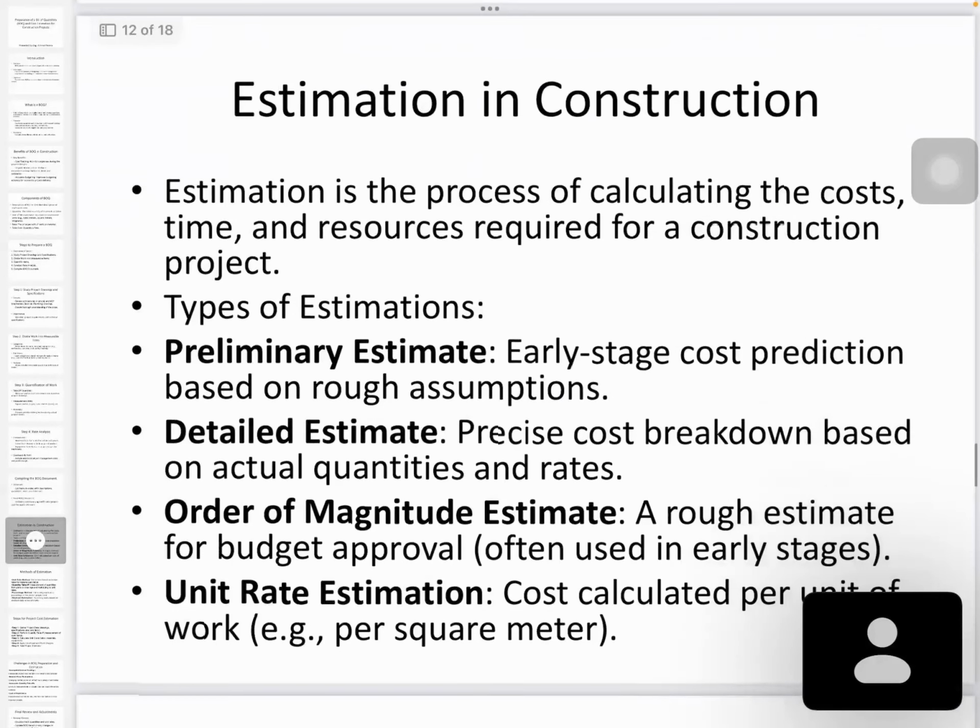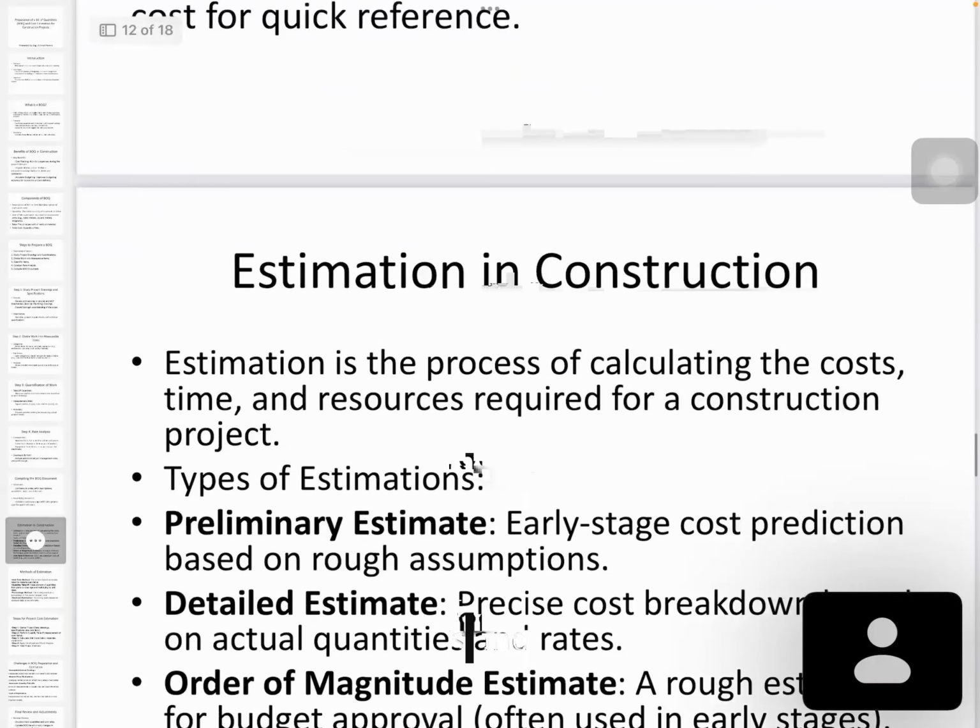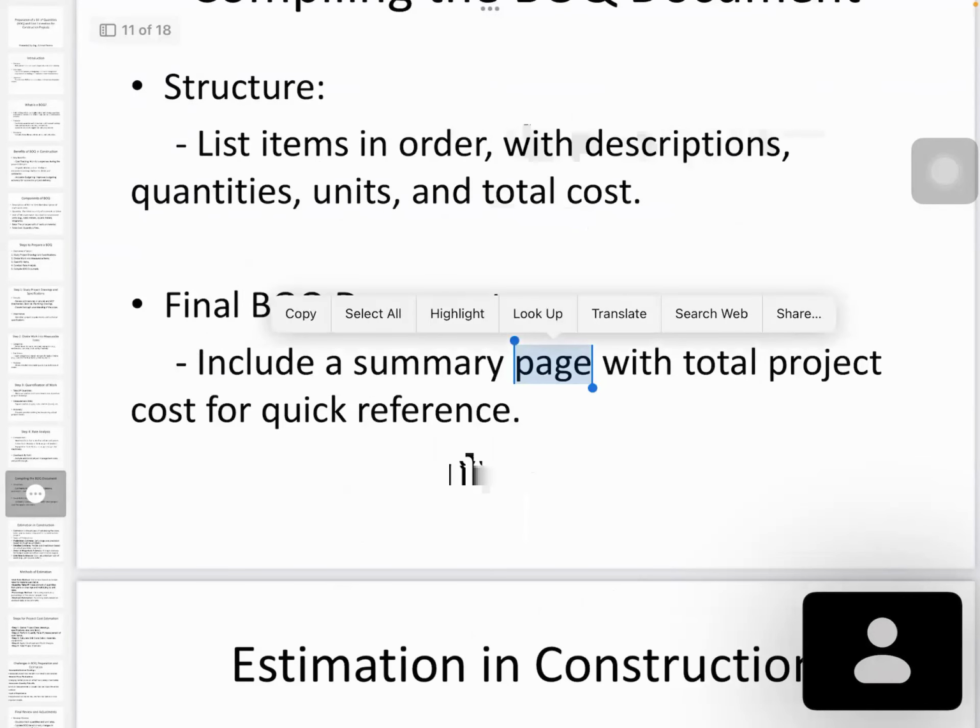After you prepare the BOQ, in some cases you have to give the engineering estimate. Normally for government projects, we call it the budgeted cost. For example, in the SIDA, we have different level contractors.